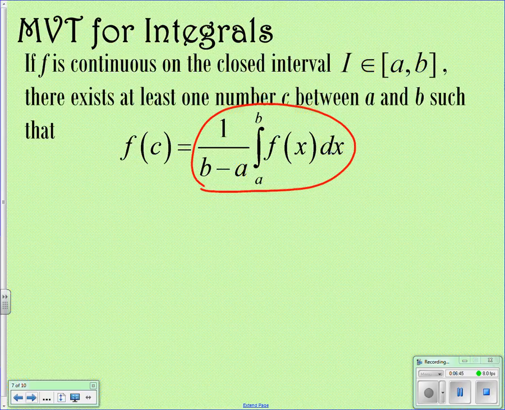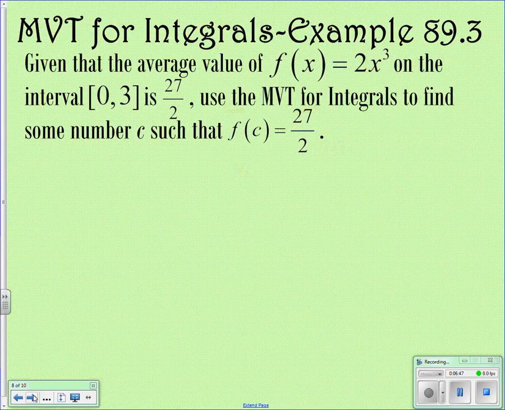So let's look at an example. We have that the average value of our function, 2x cubed, on the interval from 0 to 3 is 27 over 2. Use the mean value theorem for integrals to find some number c such that f of c equals 27 over 2. Now the book says the mean value theorem for integrals cannot be used to find the value.